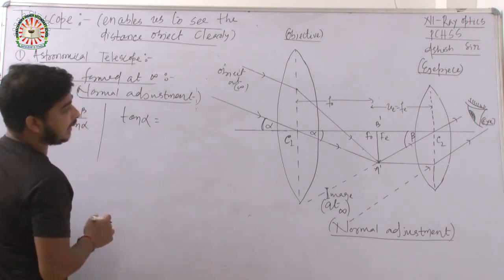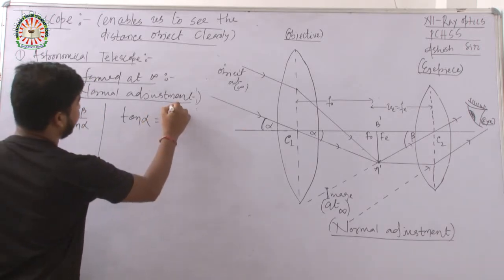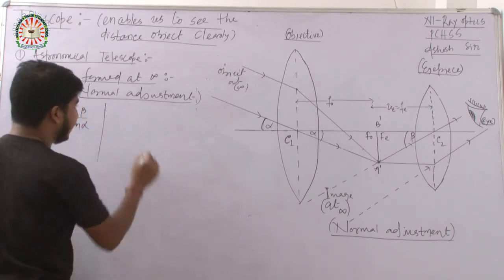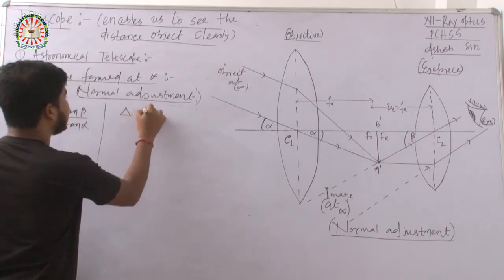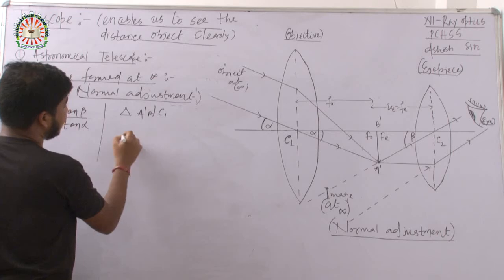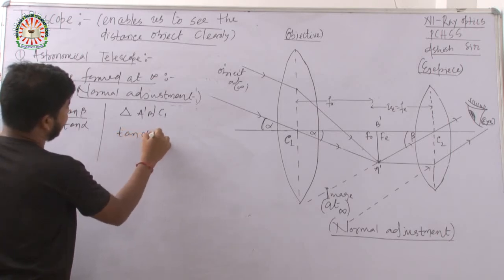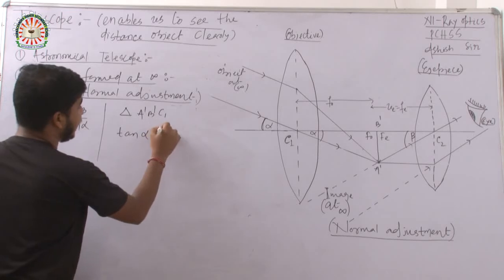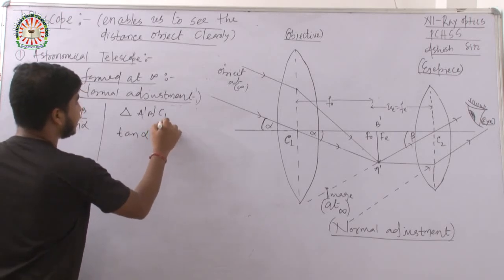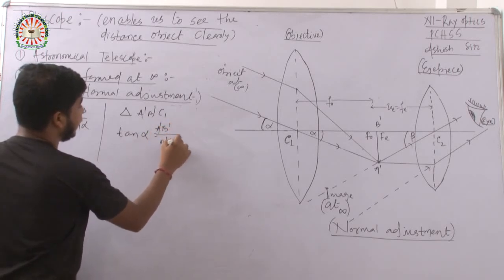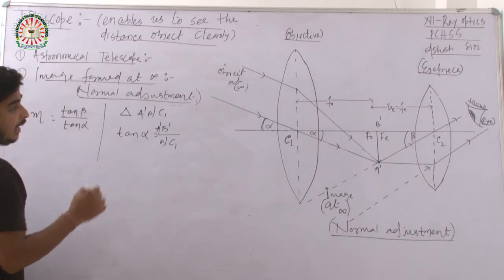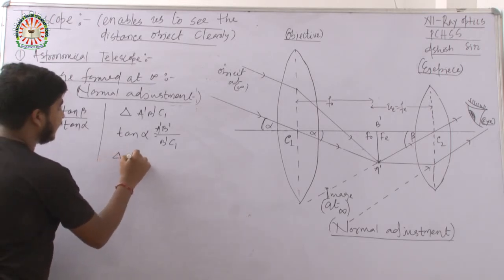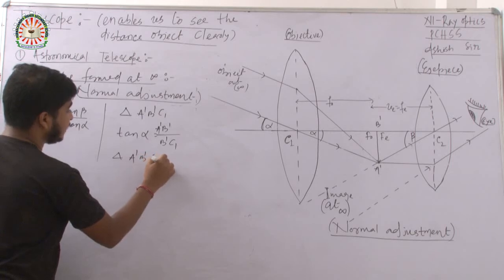Look at the triangle A dash B dash C1. In this triangle, tan alpha is A dash B dash by B dash C1. And now look at the triangle A dash B dash C2.